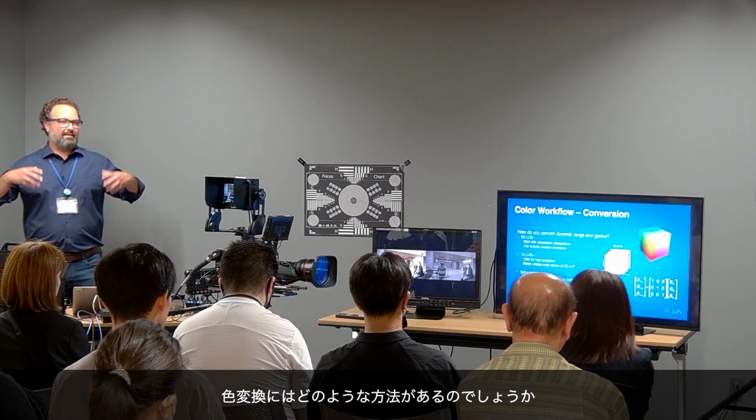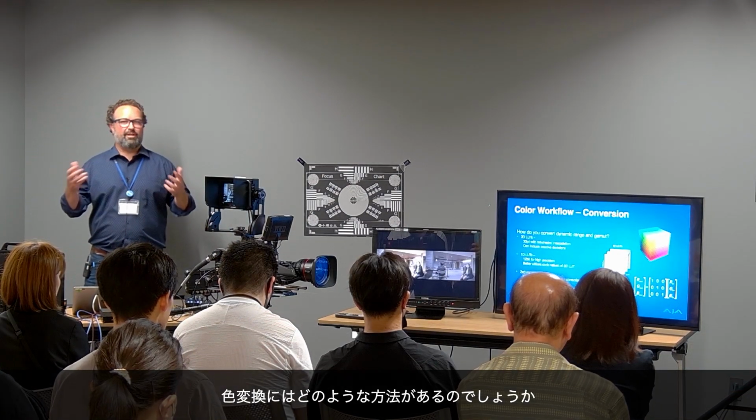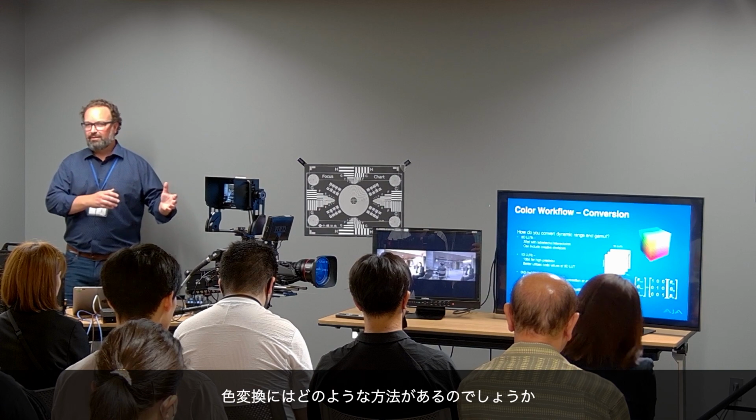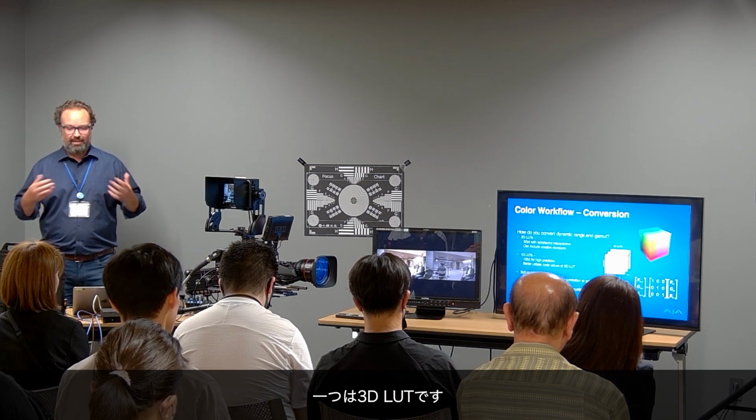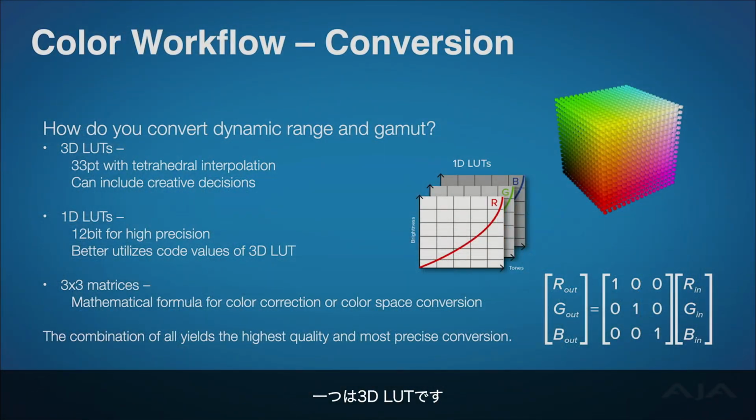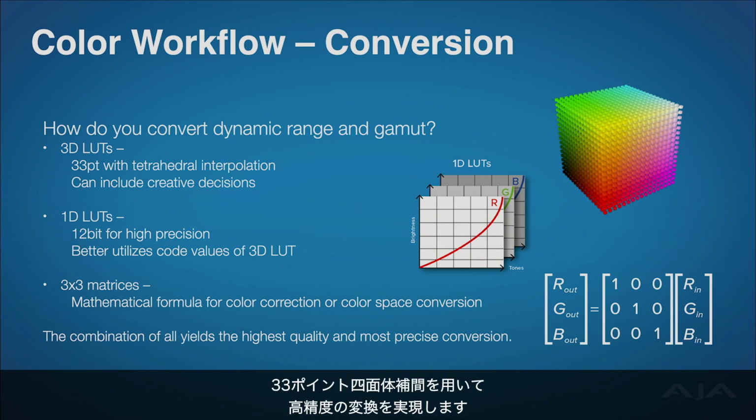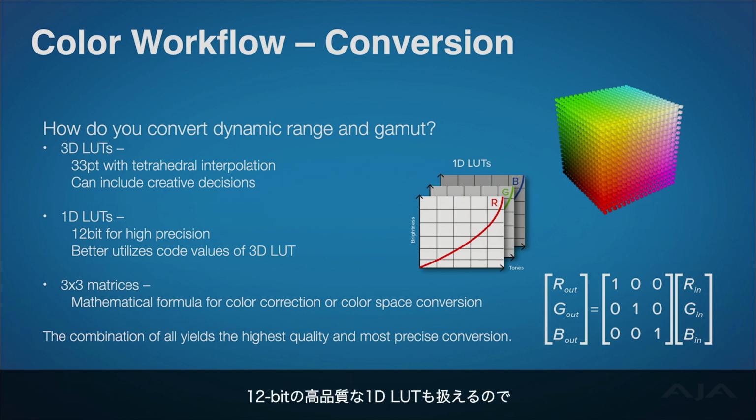So you have to think about conversion and how you're going to convert colors from one color science to another. And you can do that with different tools like 3D LUTs. We've spoken a little bit about those. And you want to have tetrahedral interpolation, which gives you a good conversion quality. And the LUT itself can include some of your creative decisions. You also might want to have some 1D LUTs and high quality 12-bit 1D LUTs.